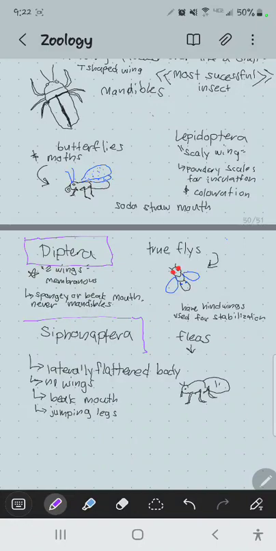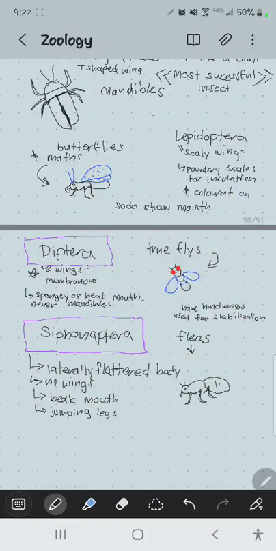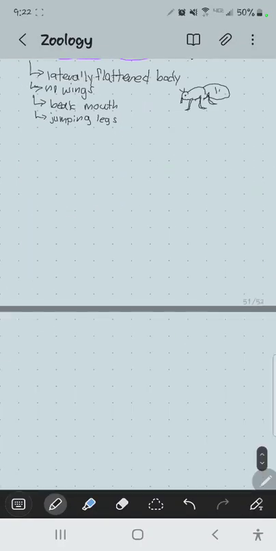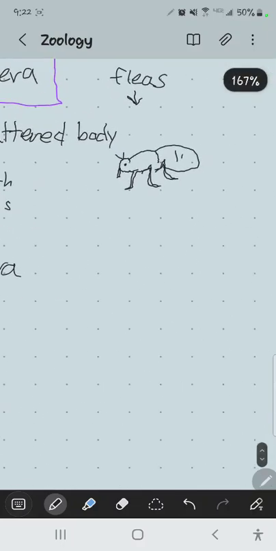Is the order called the Hymenoptera? The Hymenoptera, these are the second most diverse group of insects after the Coleoptera, probably the Hymenoptera and the Diptera. But anyway, these are the ants, bees, wasps, hornets, all those types of organisms.